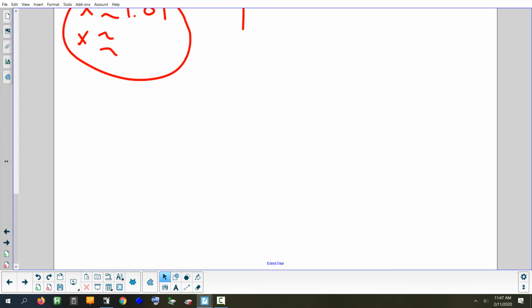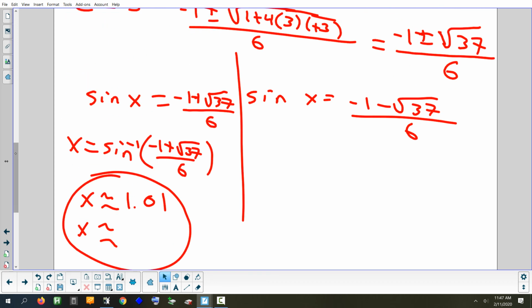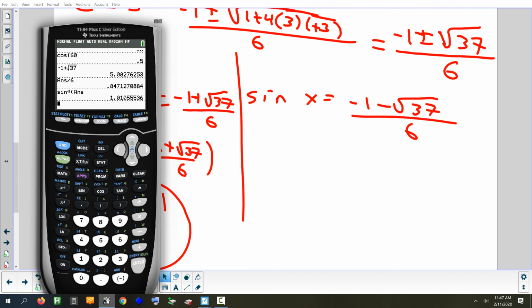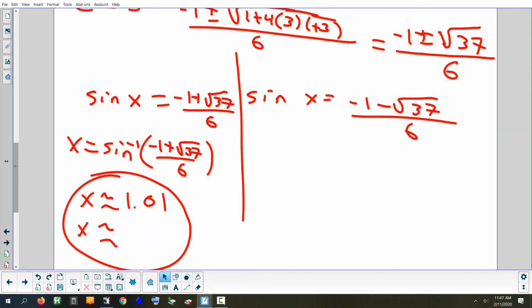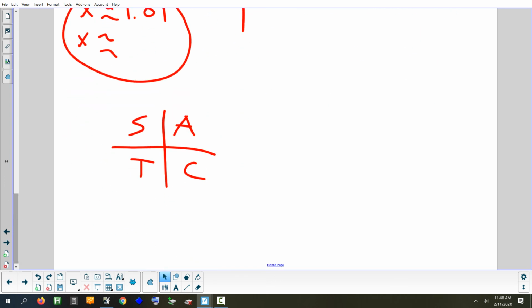Right, so let's think of our chart. When I did all this out, -1 plus root 37 over 6, I got 0.84. This is 0.84. Right there. We're looking for where sine equals a positive number, 0.84. How many quadrants is sine positive? 2. Here and here.